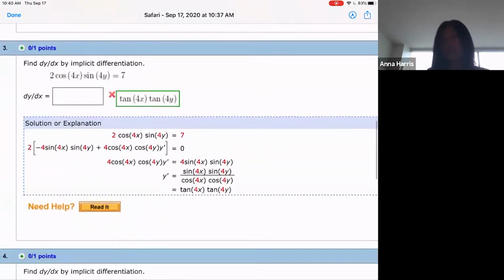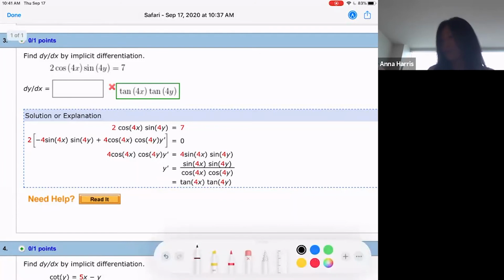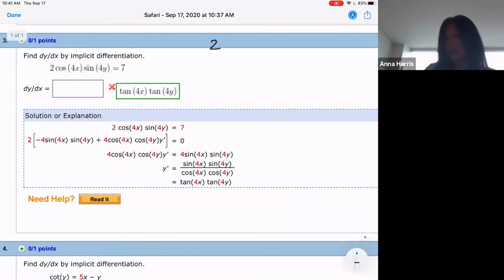So let's look at number 3. You can look at the trigonometry functions. Okay, number 3. So we're gonna do this problem. We have 2 cosine 4x sine 4y equal to 7. So we're gonna use a product rule. Okay.